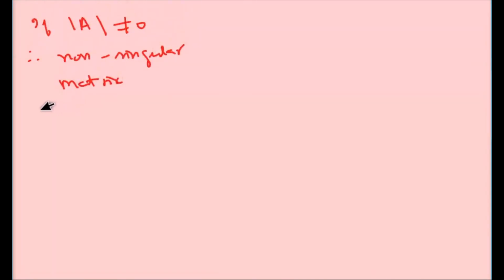If determinant A is not equal to 0, it means it is a non-singular matrix. Okay, and hence we can say A inverse exists.